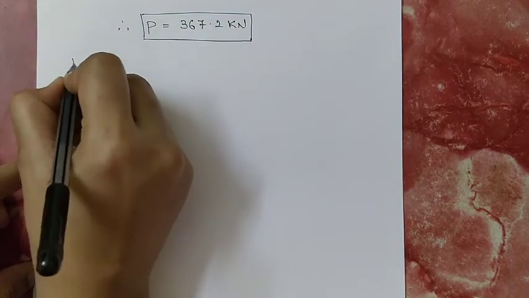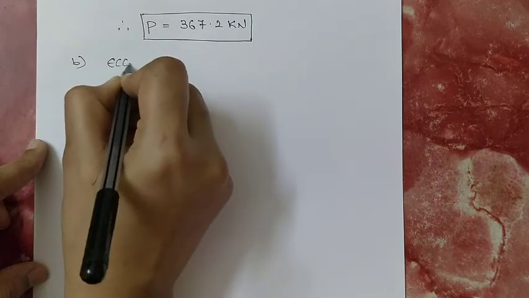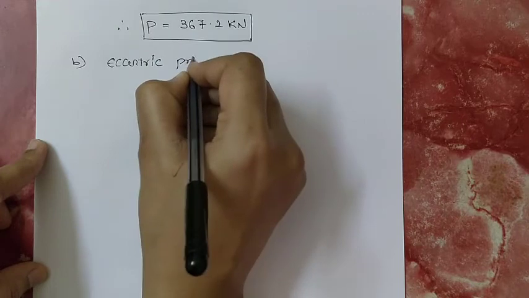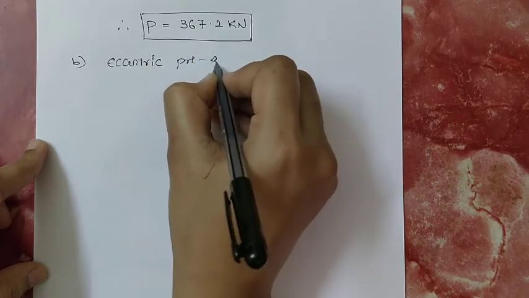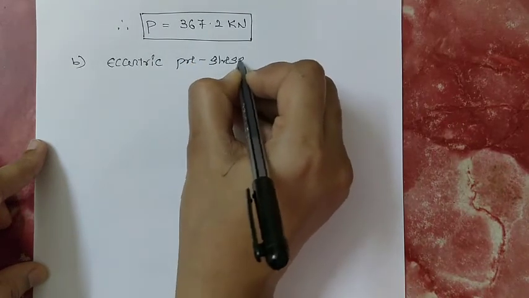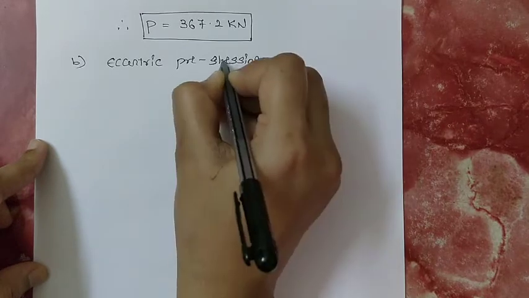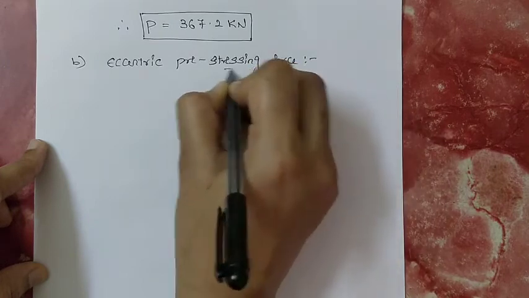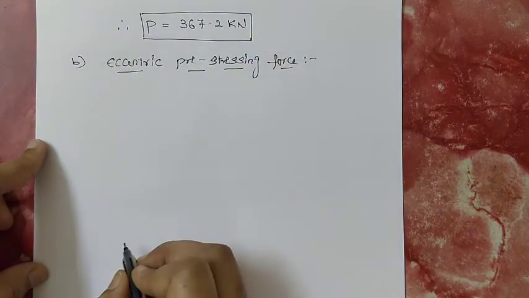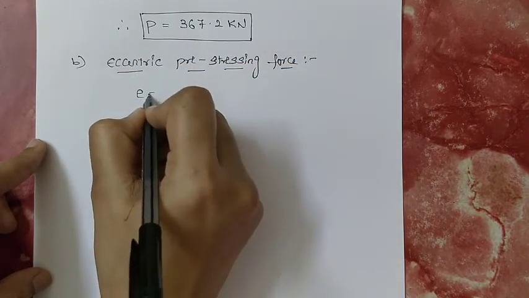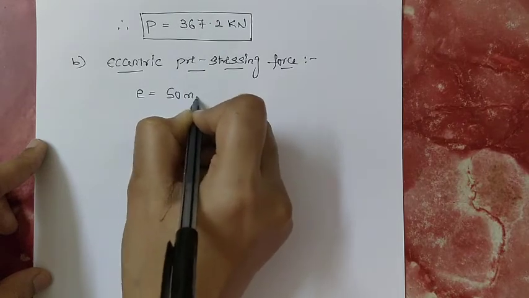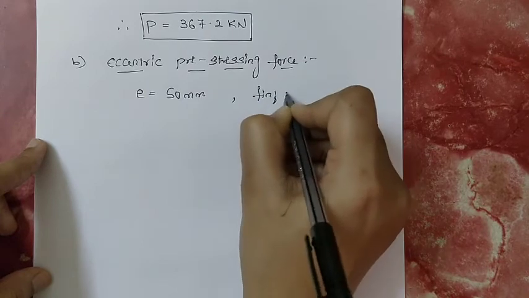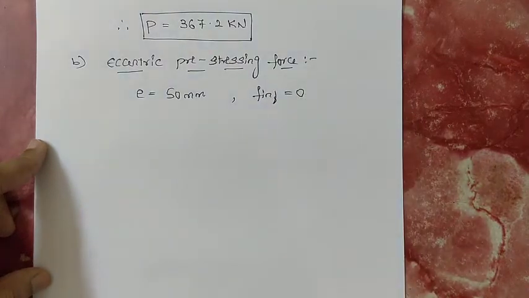Okay. Next you need to calculate eccentric pre-stressing force. For this, the eccentricity value they have given is 50 mm, and the condition F inferior equals 0.